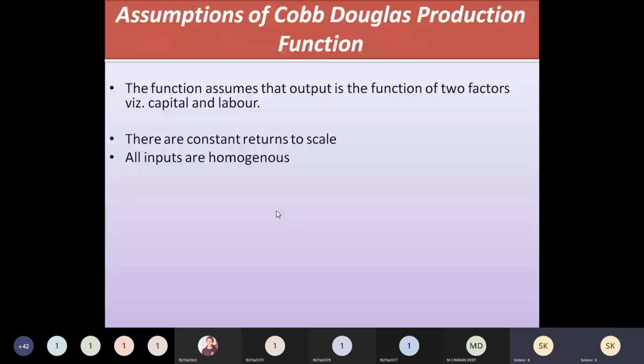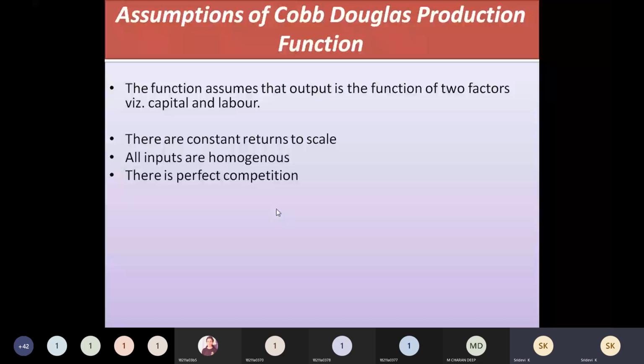In between, you cannot change the other inputs. And there is perfect competition. Perfect competition means everyone interested in selling the product can enter the market and sell it, and if they feel they are not making profits, they can exit the market also.